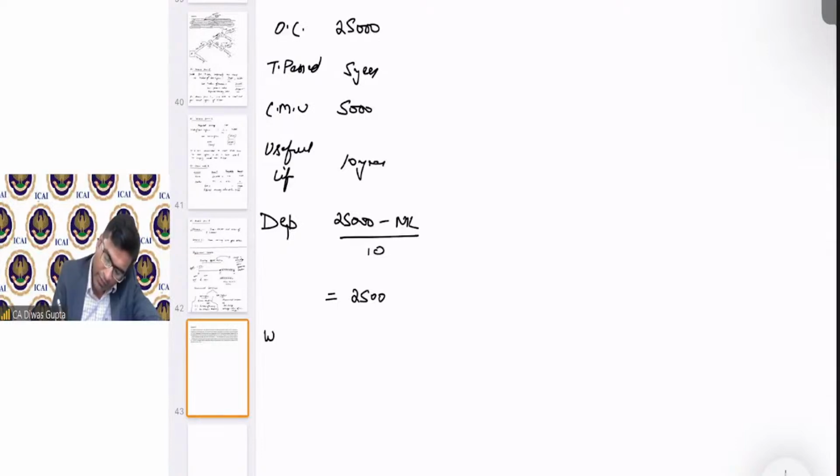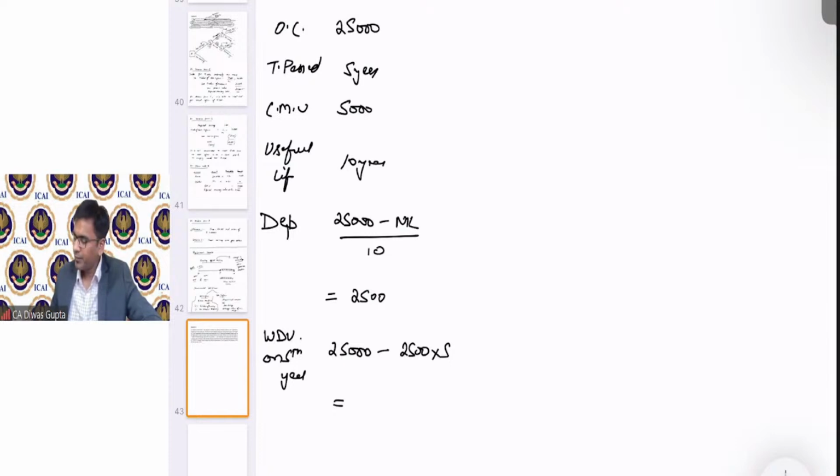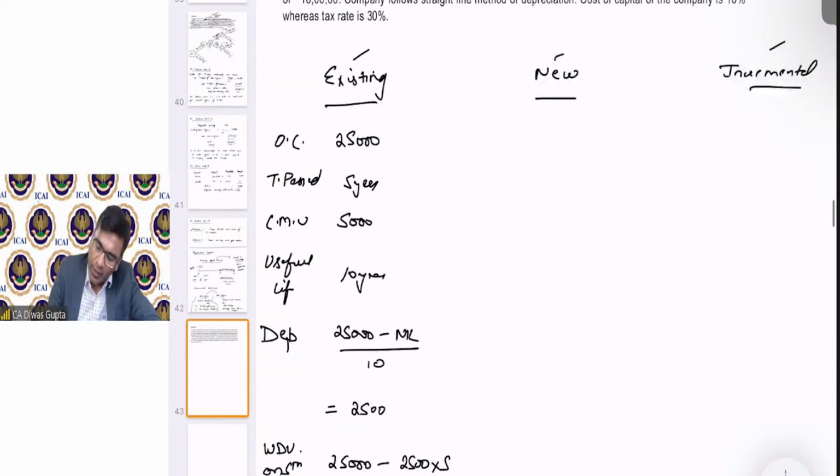And WDV on 5th year would be 25,000 minus 2,500 into 5, correct? 12,500. This is my WDV, right? These are all logical steps that are coming into our mind.